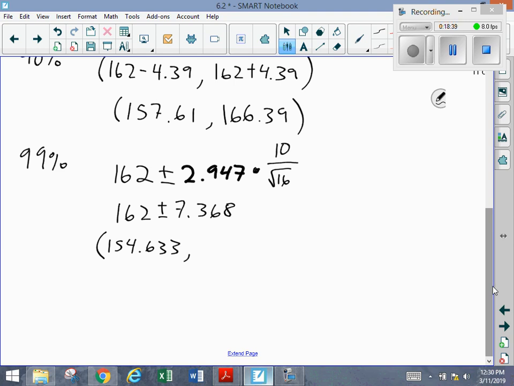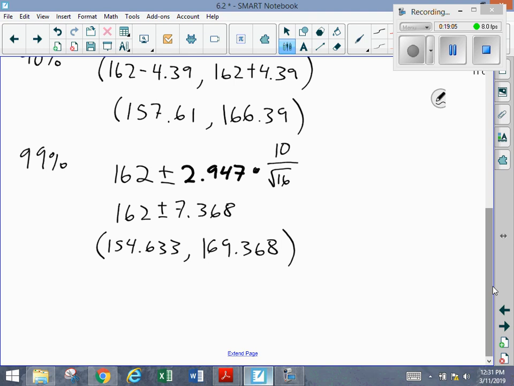And then we'll go ahead and add, 169.368, and there's our 99% confidence interval.